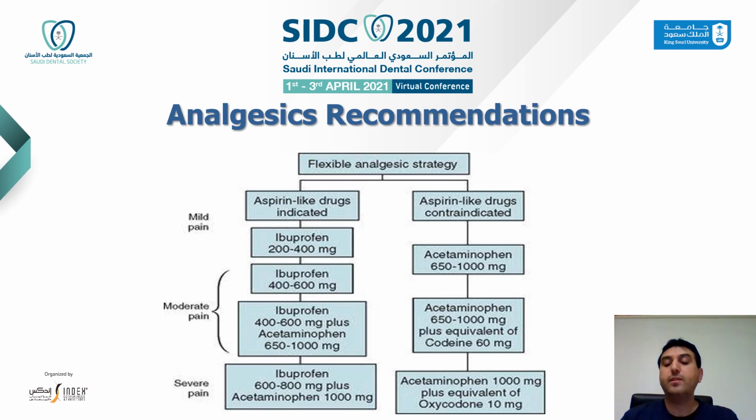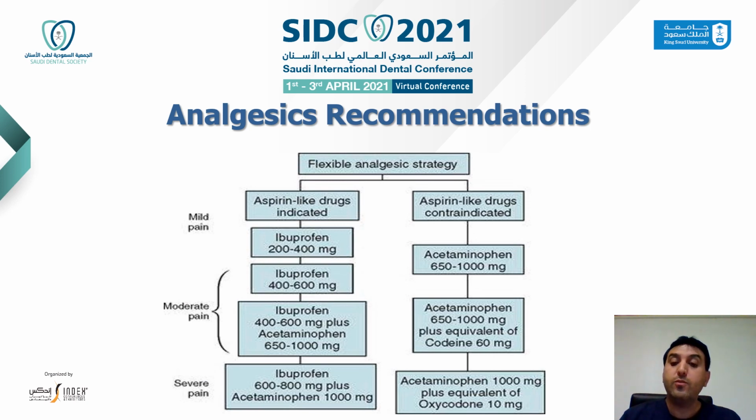You need to know the medical status of the patient. Can he tolerate NSAIDs, or can he not tolerate NSAIDs like ibuprofen? For example, if the patient is taking an anticoagulant, they cannot take ibuprofen because it counteracts with the anticoagulant. So the preference for them is the other side, like paracetamol.